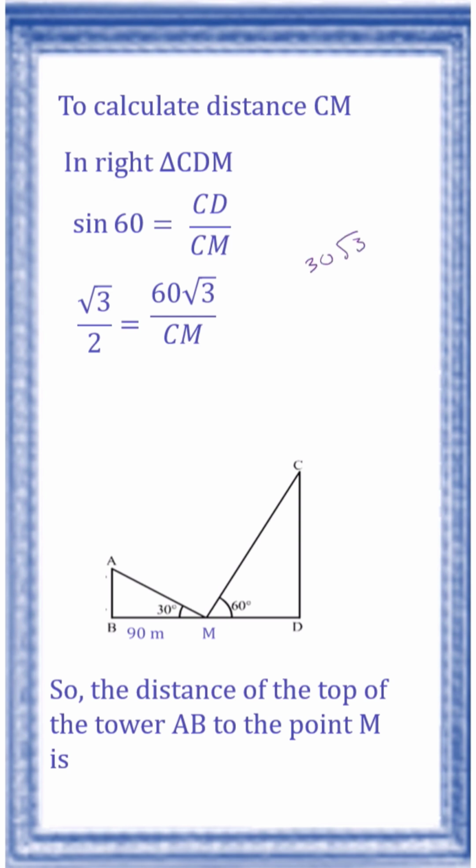So CD is twice the AB, that is 60 root 3. I have put this value. So CM is equal to 120 meter. Root 3 and root 3 get cancelled. So the distance of the top of the tower CD to the point M is 120 meter.